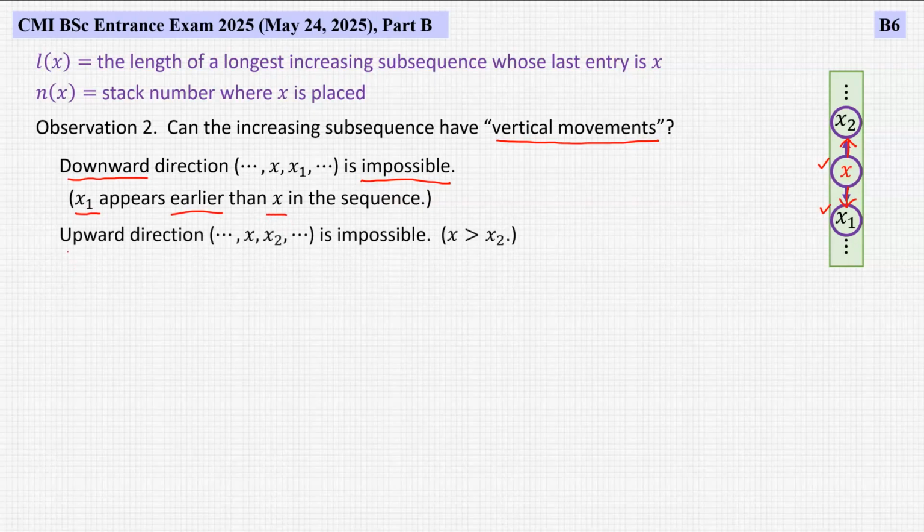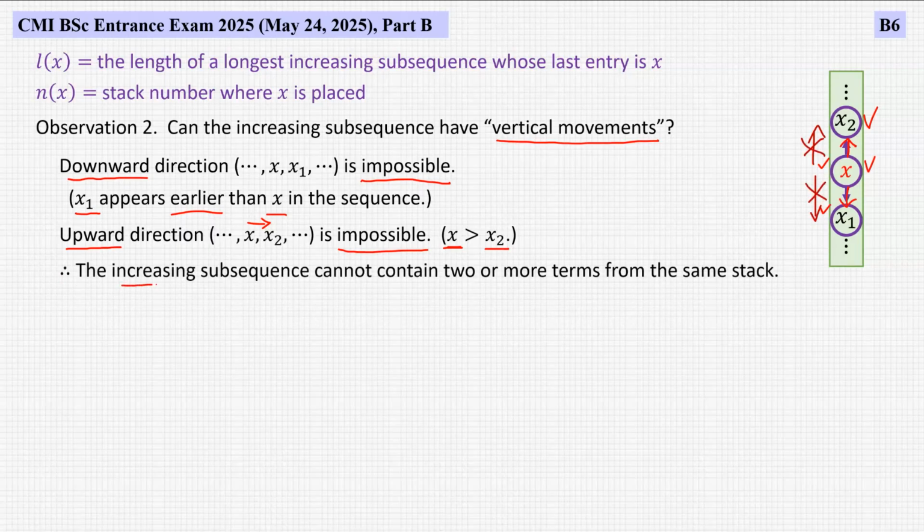Moreover, forming a subsequence in an upward direction is also impossible, because x2 placed on top of x implies that x2 is less than x. This means that this subsequence cannot be an increasing subsequence. Therefore, forming an increasing subsequence in either vertical direction is impossible. So in other words, any possible increasing subsequence cannot contain two or more terms from the same stack.